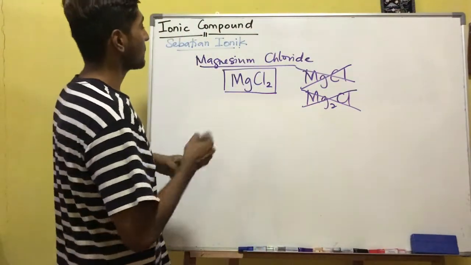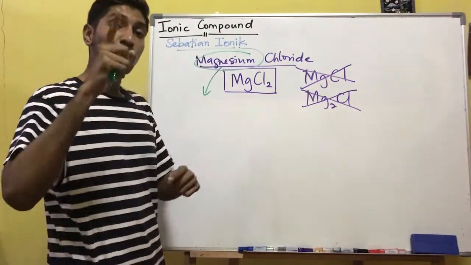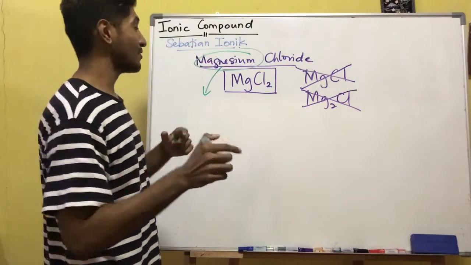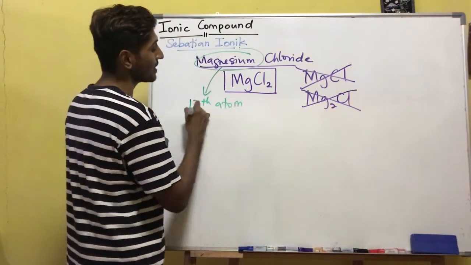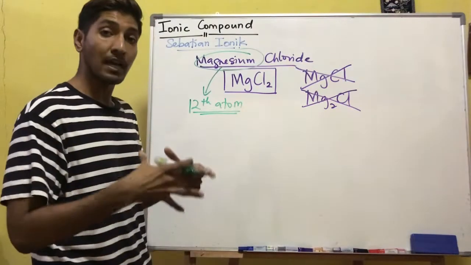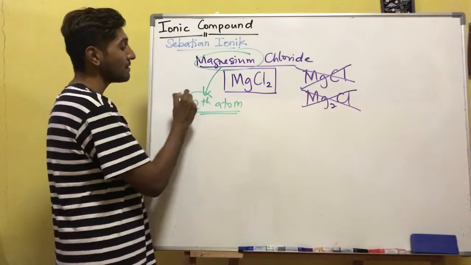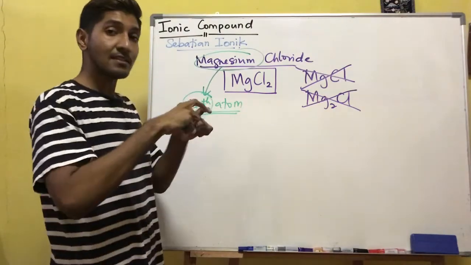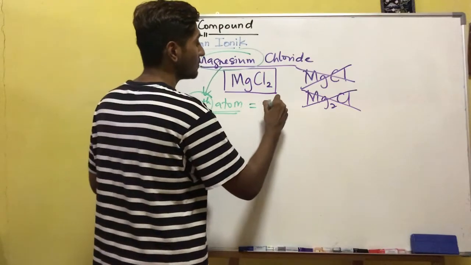So, sekarang when we're talking about magnesium, hopefully you guys are having the periodic table next to you. So magnesium is the 12th atom, ialah atom yang ke-12 di dalam jadual berkala unsur. So when it is the 12th atom, the number of atom in the periodic table is equal to the number of proton.